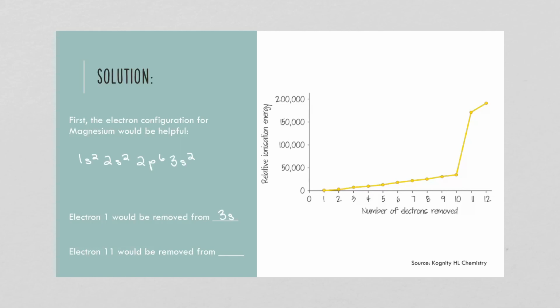Then all the way up here to electron number 11, it's in the last energy shell. So there's just 2 there. So that would be from the 1s. So that's how you solve those ones.